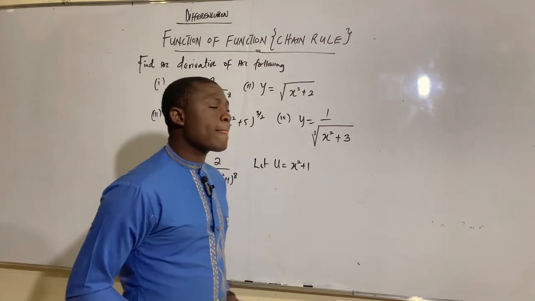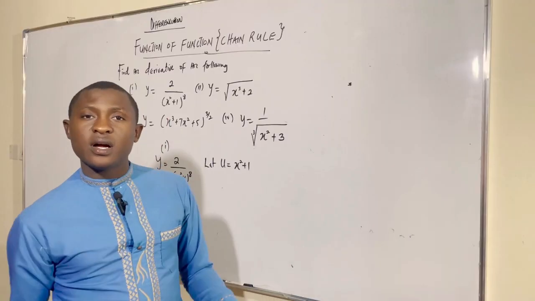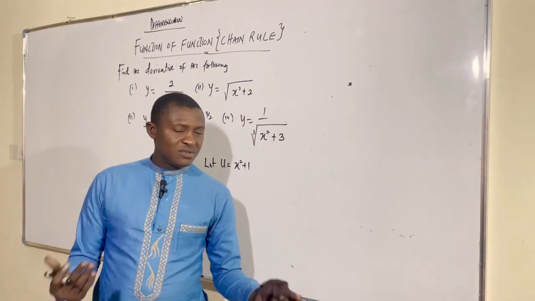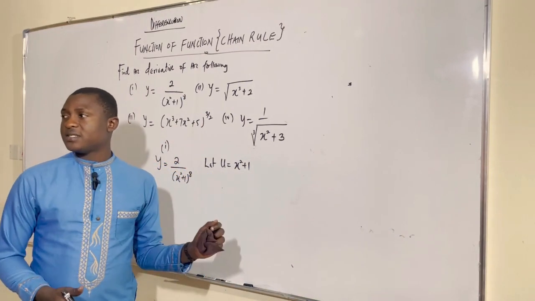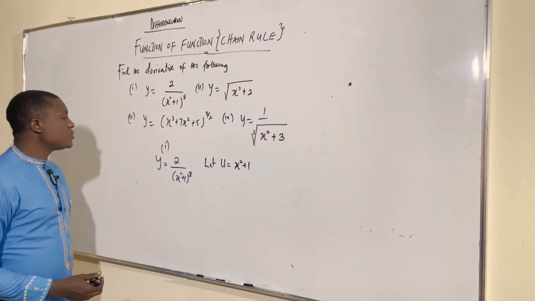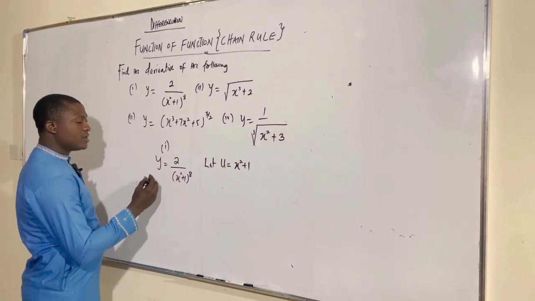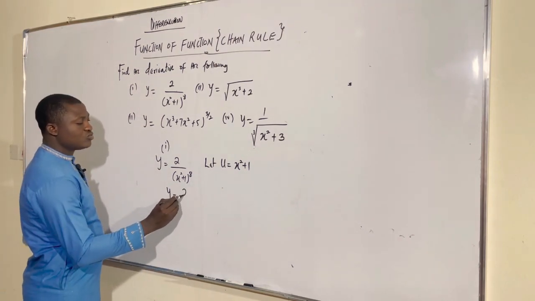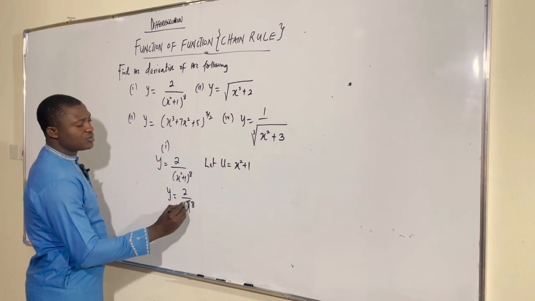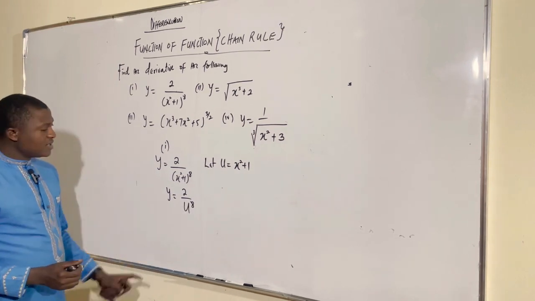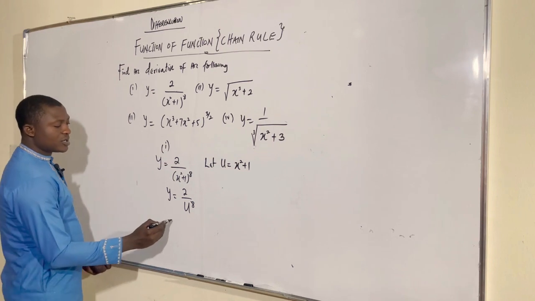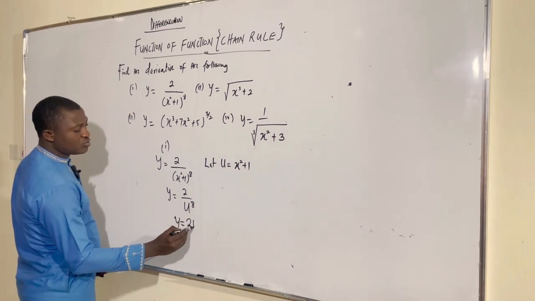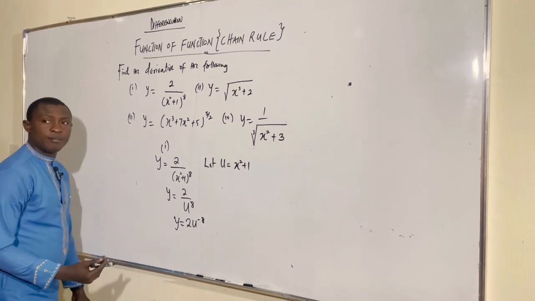You can use p, q, r, z, any alphabet of your choice as long as it's not x and y. So now if this one is u, then y is equal to 2 over u raised to the power of 8, right? Easily I can change this to y equal to 2u raised to the power of minus 8.